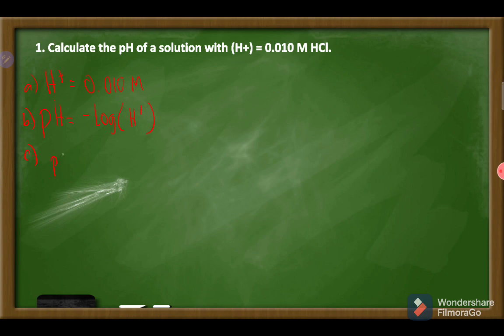So pH is equal to negative log of 0.010 molarity. Our pH value will now become 2. Since it is less than 7, this pH value is considered acidic. So that is the solution for number 1.